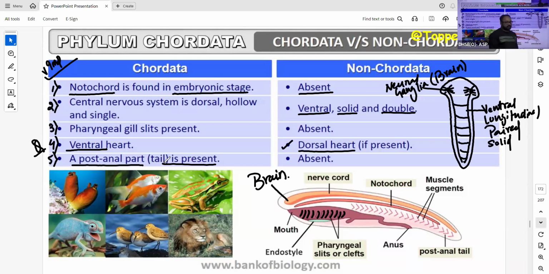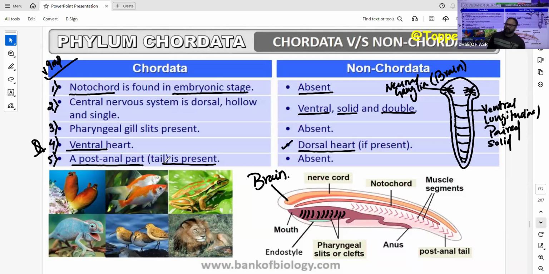For instance, tadpoles, the larval forms of frogs, have a post-anal tail. But when it metamorphoses into an adult, it loses its tail and becomes a frog. So a frog does not have a tail.